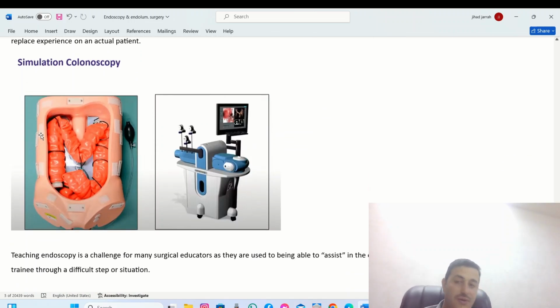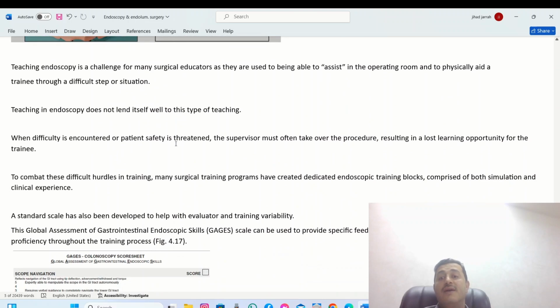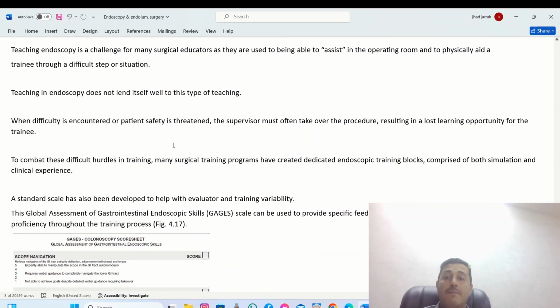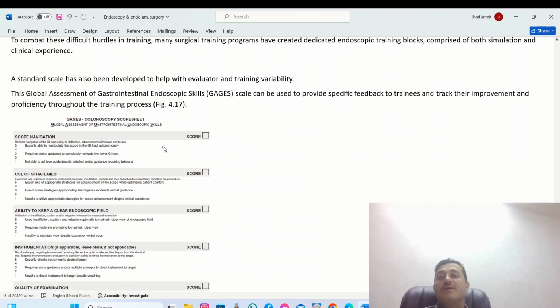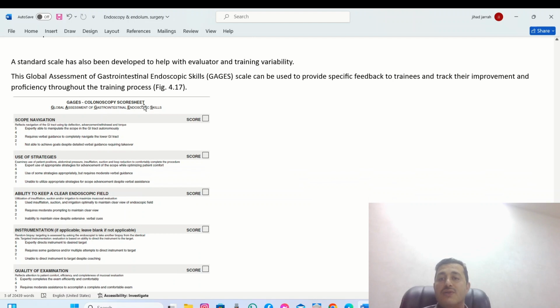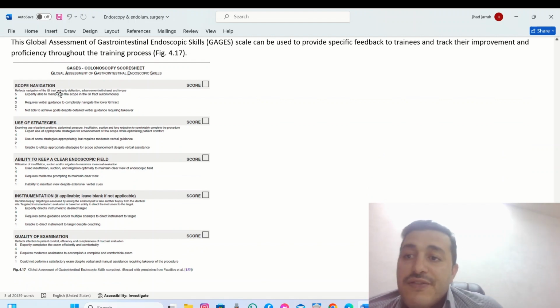You can see here the simulator. We said that actually this is done under supervision of an experienced colonoscopist, the training program. And here we have a colonoscopy score sheet in which they determine your level of experience. For example, how do you navigate the scope? How do you use the tip deflection, advancement, withdrawal, the torque?